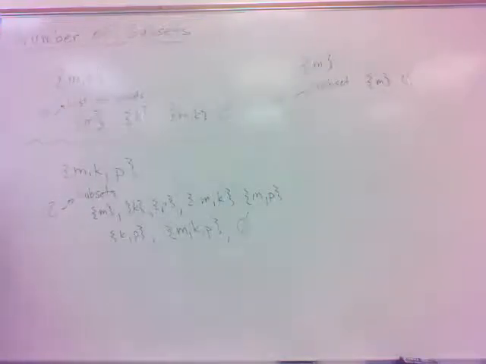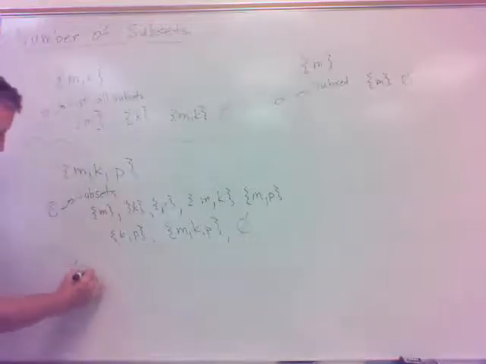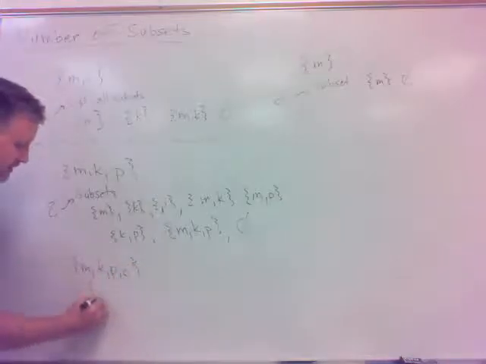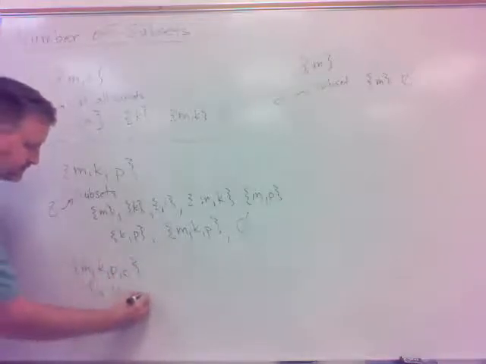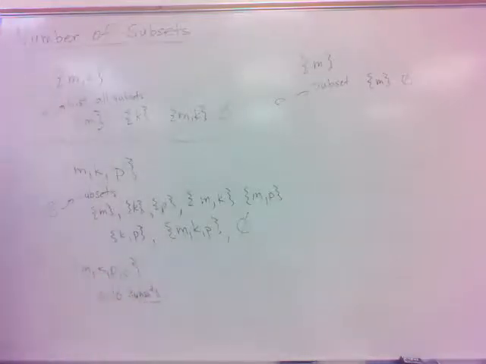So if I had a 4th element, mustard, ketchup, pickles, and onions, probably going to be how many? 16. Yeah, it doubles. Every time you add an element, you double the number of subsets you have for that set. So if I went to 5 elements, it would double up to 32.